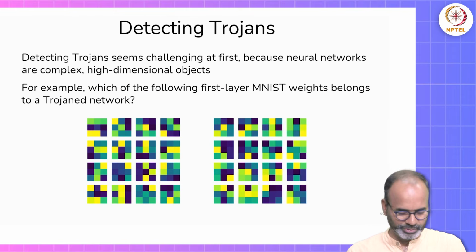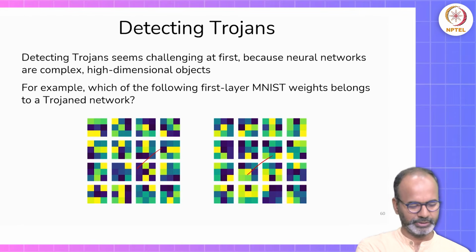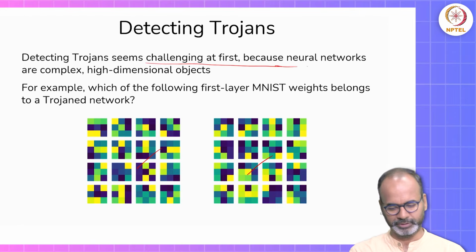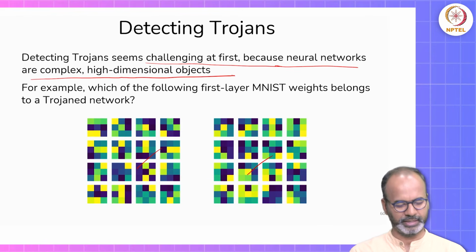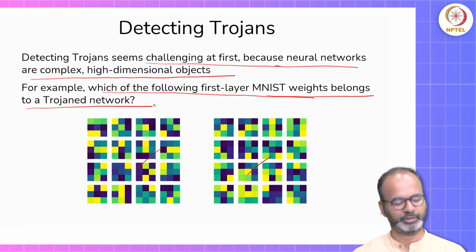So if you look at these two examples, if I ask you, can you look at these two images and say which one is Trojan and which one is not, it's going to be very hard. So detecting Trojans seems challenging at first because neural networks are complex, high-dimensional objects. For example, which of the following first layer of MNIST weights belongs to a Trojan network?